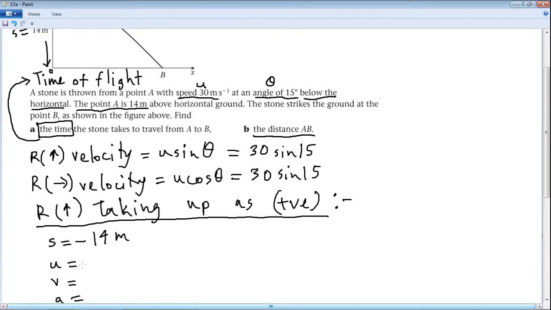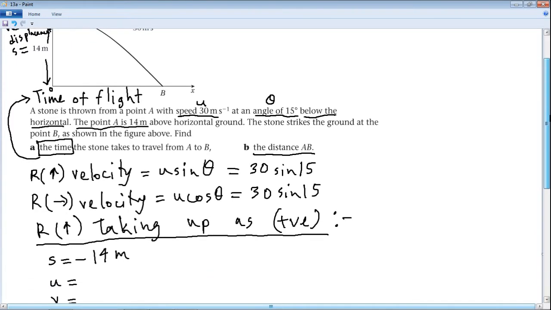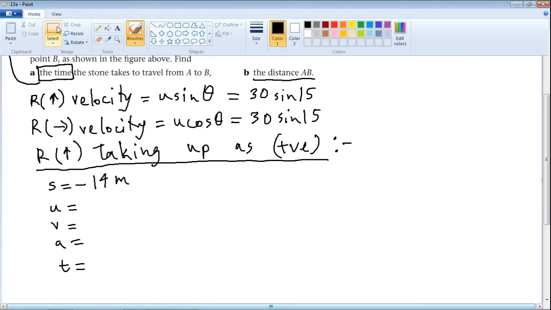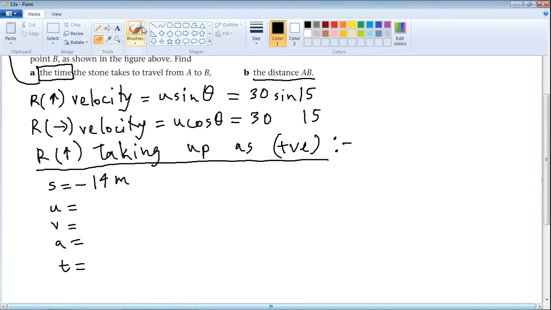U should be the vertical component of the initial velocity. The horizontal component is u cos theta. Oh, by the way, I have written this wrong, this should be cos theta. Yeah, I make mistakes.